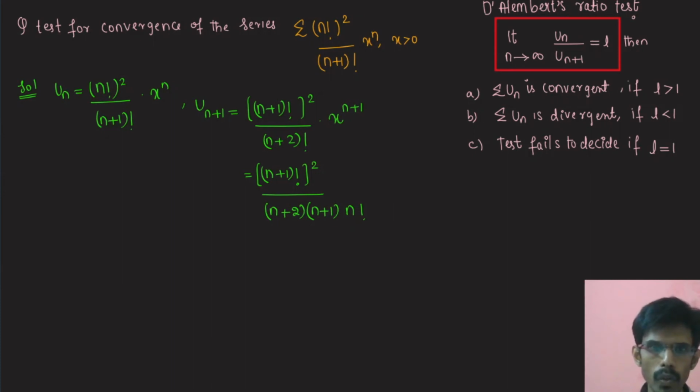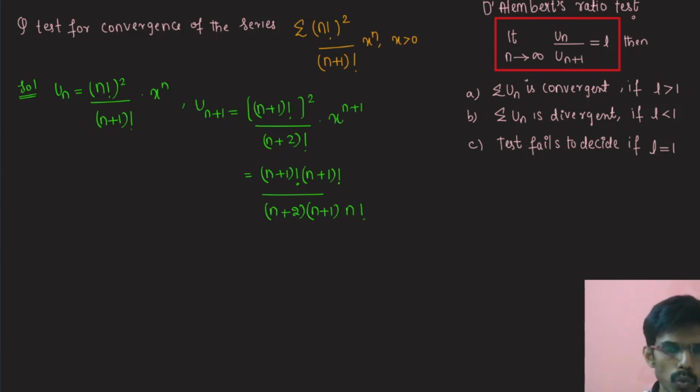Similarly, in the numerator also we can write this n plus 1 factorial as n plus 1 into n factorial, the whole square, right? Now we want the ratio of these two.